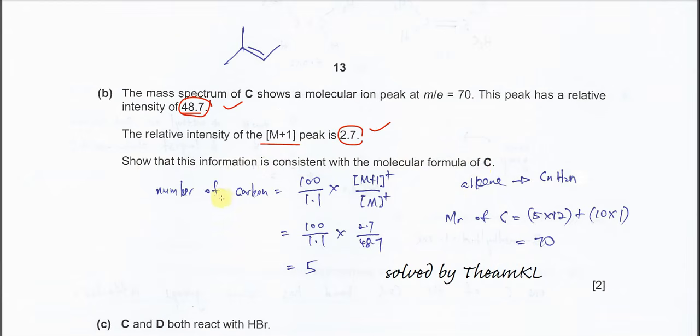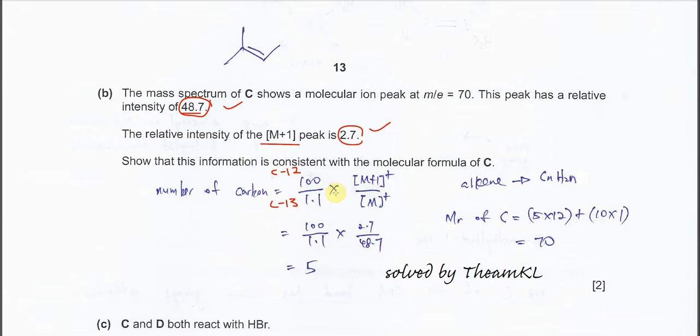First, calculate the carbon number using this formula. It's 100 over 1.1. This is the ratio between C12 and C13. So when we compare these two together, this is their ratio, 100 over 1.1.